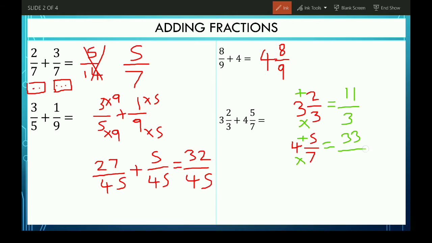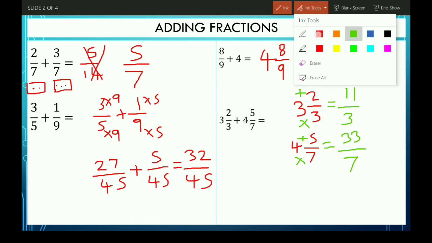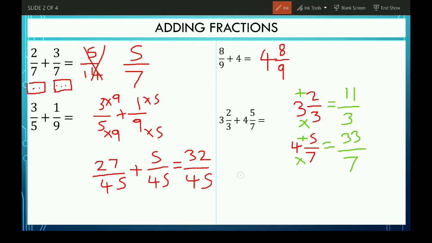And that's going to be over 7 because our denominator stays the same as 7. So now that I've got the two converted into improper fractions, I can write them as a question. 11 over 3, which is our first fraction, plus 33 over 7, which is our second fraction.